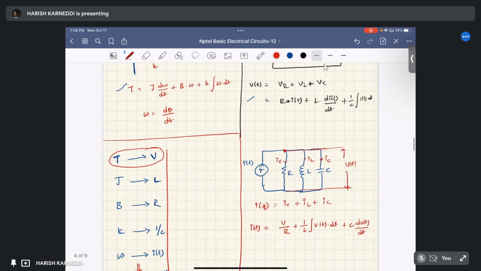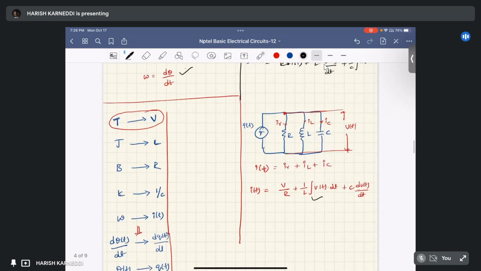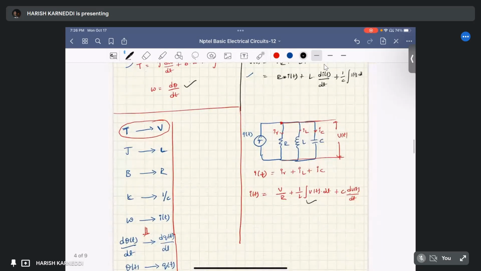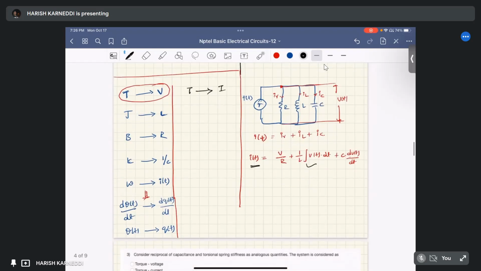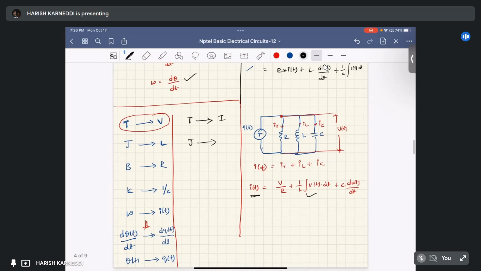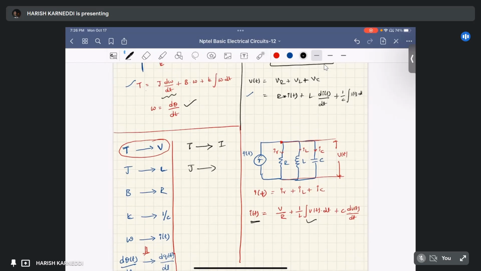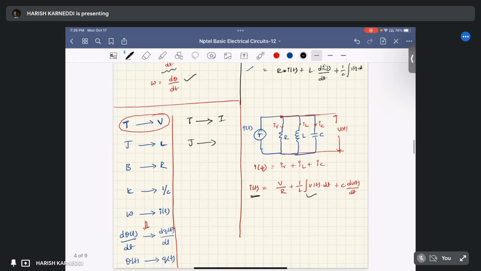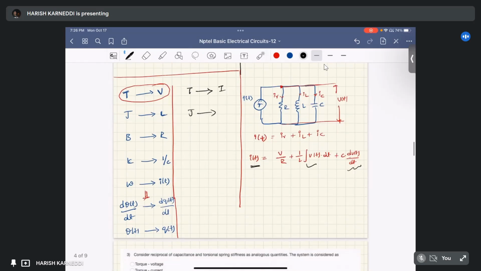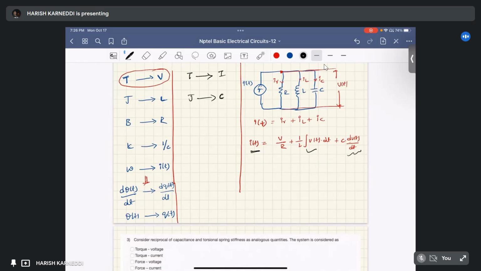We are now comparing this equation with this equation. In place of torque, earlier it was equivalent to voltage, now it is equivalent to current. J is the inertia, which has a derivative term. Here we have a derivative term with C, so the inertia we can represent with C. Coming to the resistance, B is the same as 1 by R, the conductance.